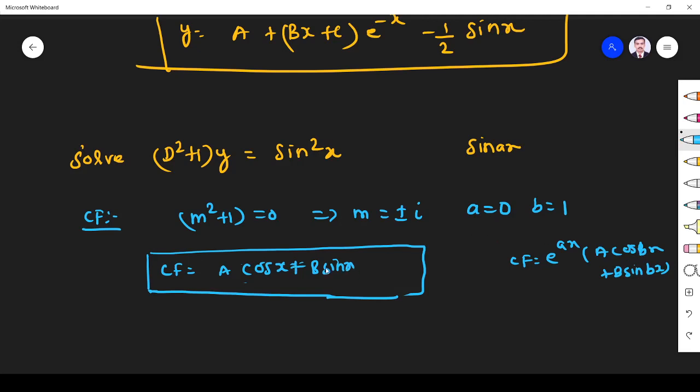So the CF is A cos x plus B sin x. That is the correct answer.